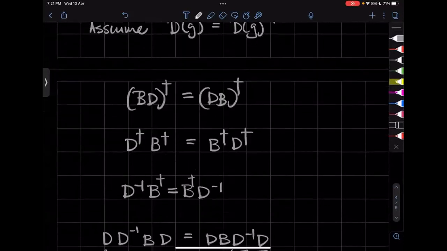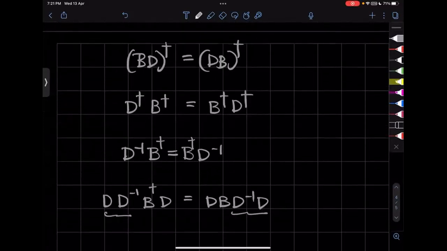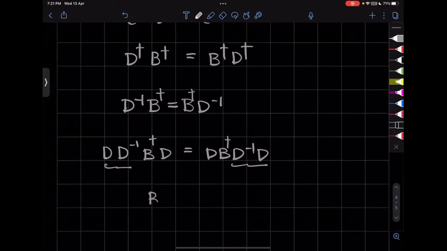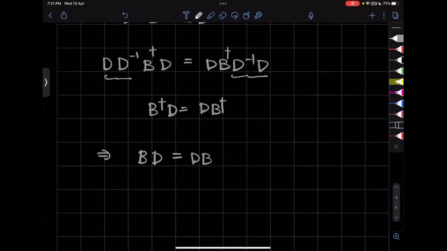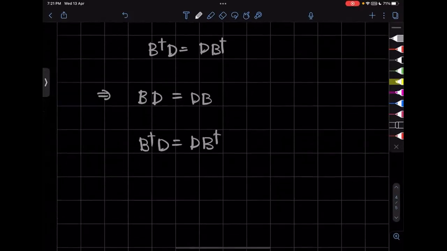So B dagger D is DB dagger. Sorry for the confusion, but what I wanted to show is that if BD equals DB, then B dagger D also equals DB dagger. And therefore, we can take B plus B dagger, which, if B is not Hermitian, is a Hermitian combination. This will also commute with D. Is that understandable?